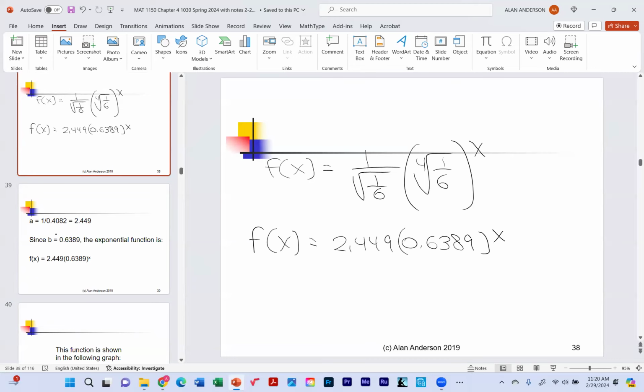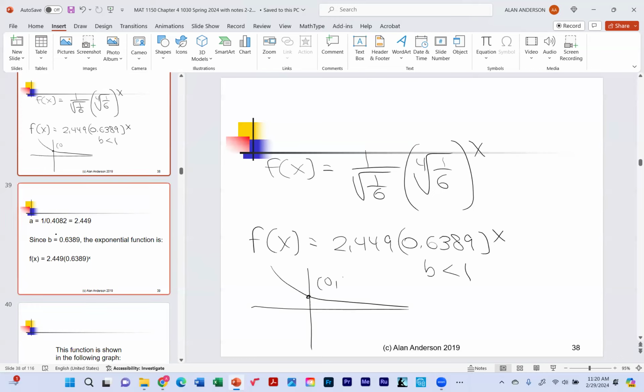Now, based on what you're seeing here, if you notice B is less than 1, so you should expect to see the graph look something like this. A is positive, so we stay completely above the horizontal axis, but the growth is negative.